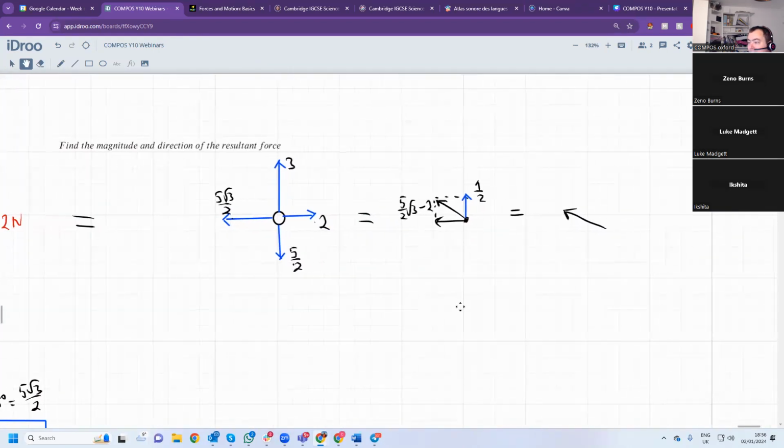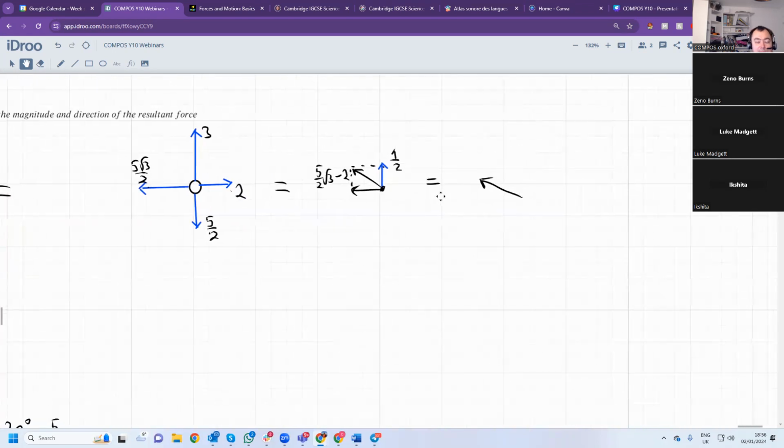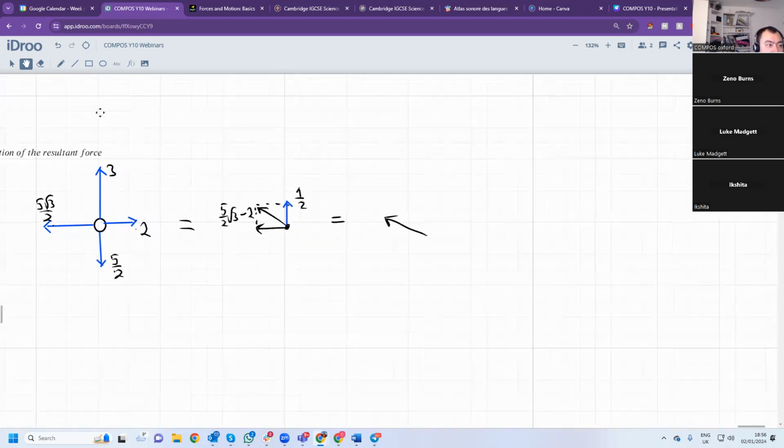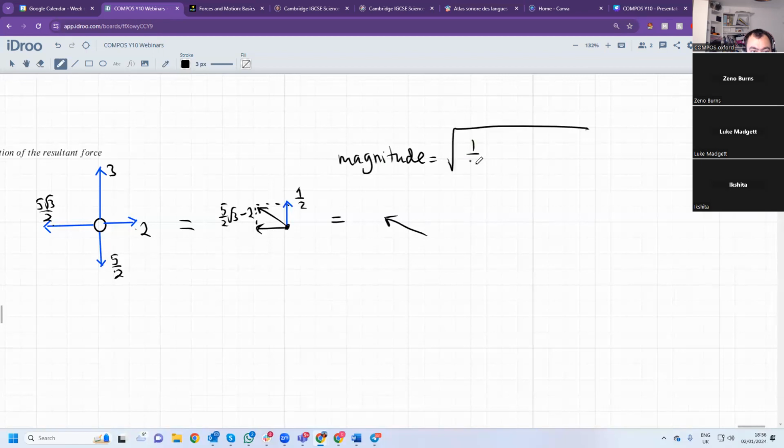Okay. And so the length of the vector can be found. You can use Pythagoras to find the length. So the magnitude is equal to the square root of 1/2 squared plus 5 over 2 root 3 minus 2 squared.